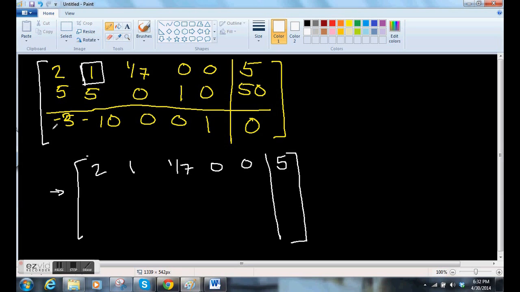So I'm going to multiply -5 times row 1 and add it to row 2. -5 plus 5 is 0. -5 times 2 is -10 plus 5 is -5. -5 times 1 is -5 plus 5 is 0. That's what I wanted. -5 times 1/7 is -5/7.